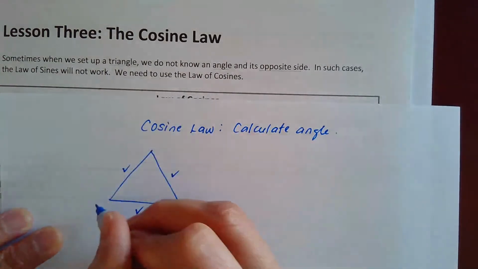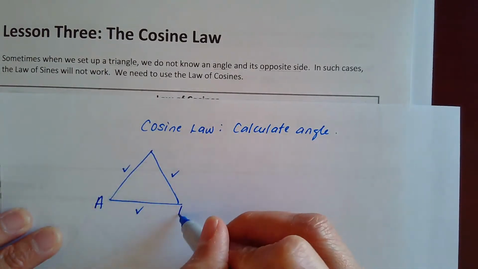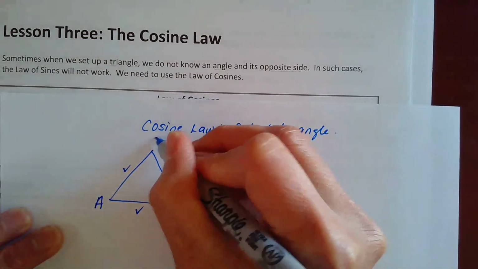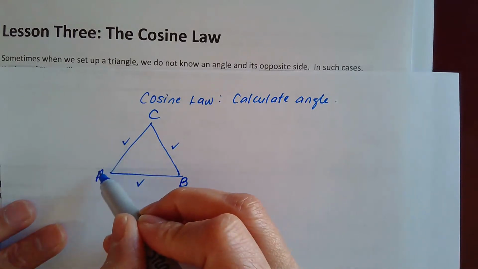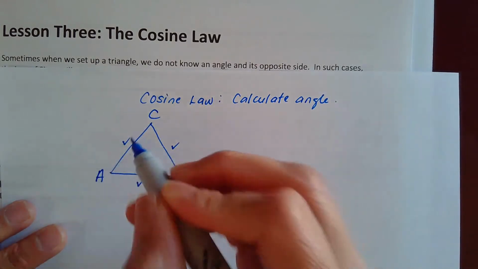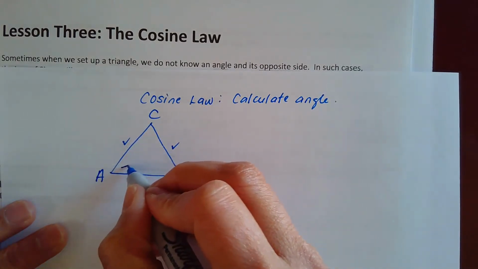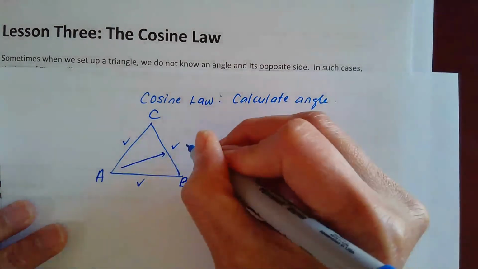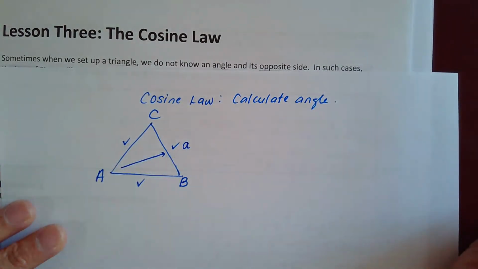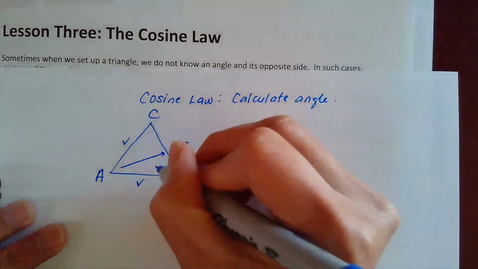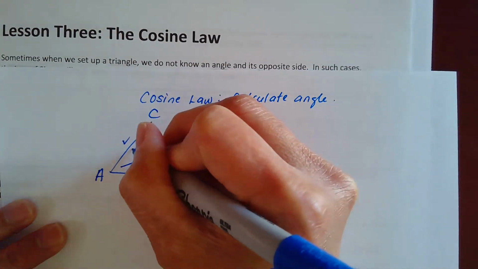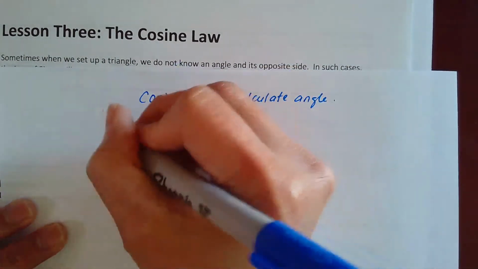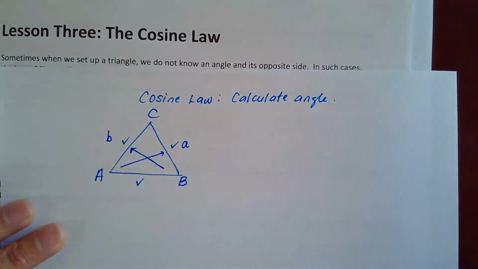Now we can call this angle A, this angle B, and this angle C, just to refresh our memory. If this is our angle A, then right across from that is side A. If this is your angle B, then over there is side little b.